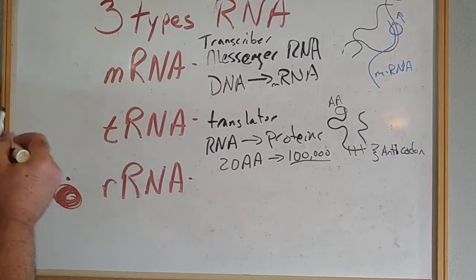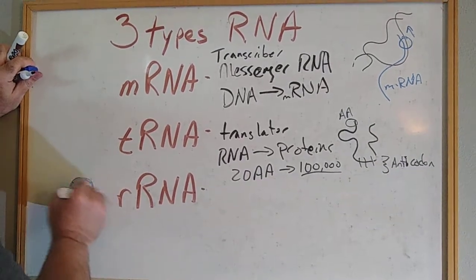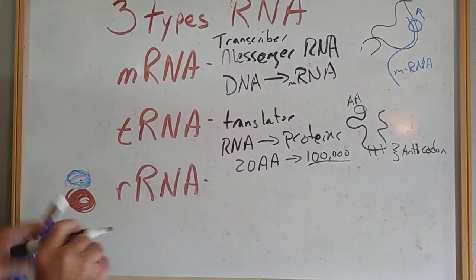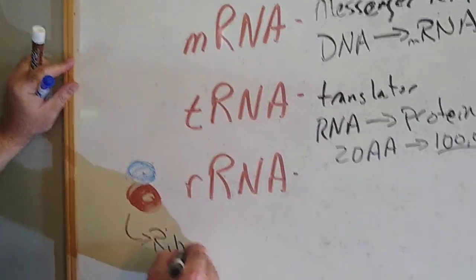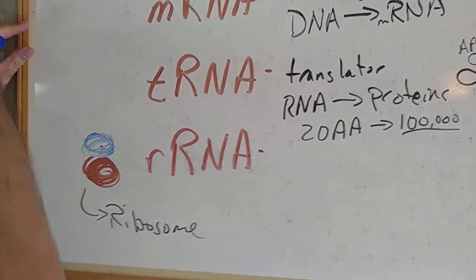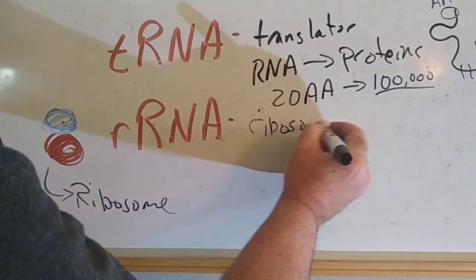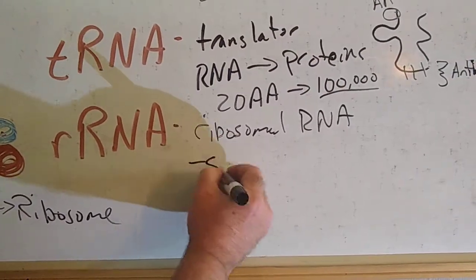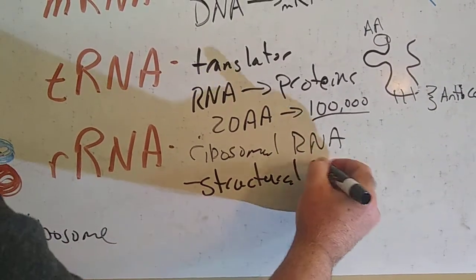It's got a protein side, and I'm going to just use blue again because it's RNA. It has an RNA side. And when we draw it really big, making it way bigger than it normally is, this was our good old ribosome. Okay, and the ribosome is where we make proteins. And the RNA is called ribosomal RNA. And this is a structural RNA molecule.